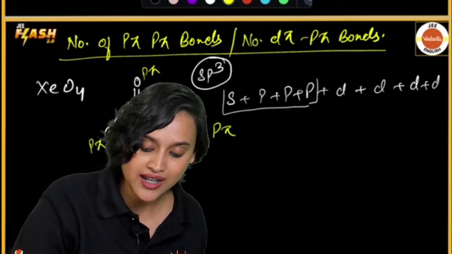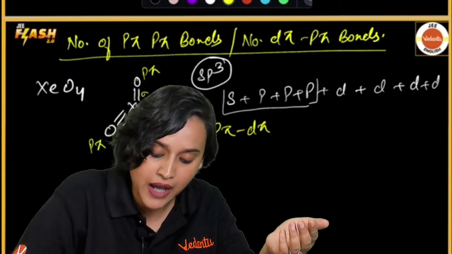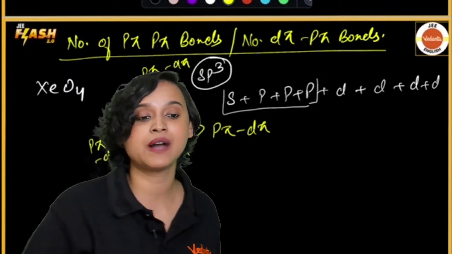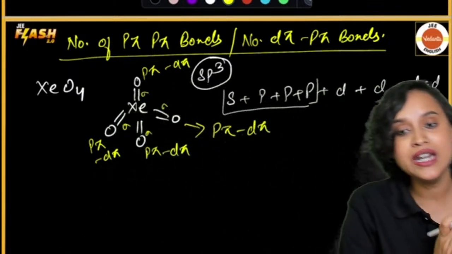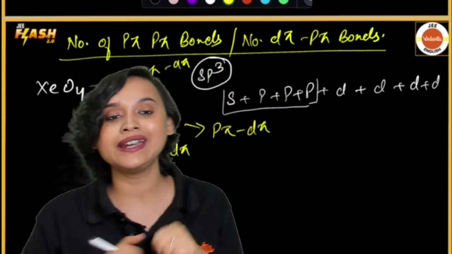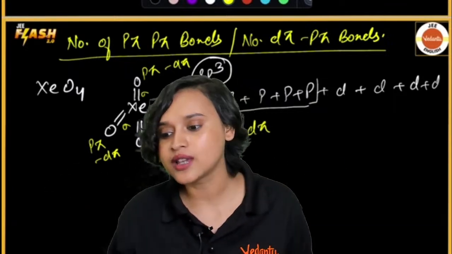So what xenon does is give its d orbital. So it will give d pi, d pi, d pi and d pi. So here how many p pi d pi bonds do you have? You have 4 p pi d pi bonds and 4 sigma bonds.